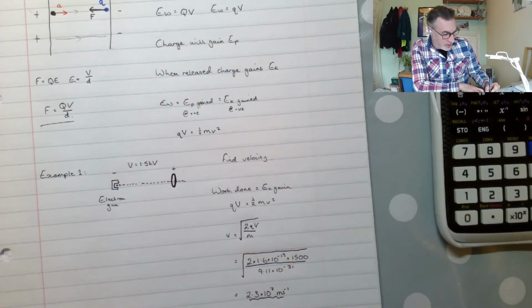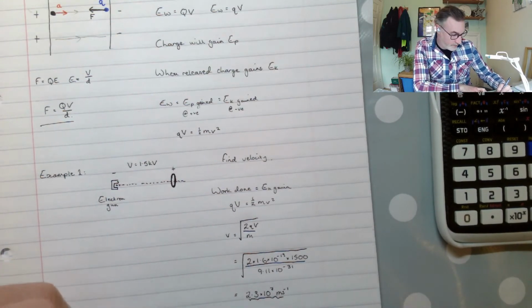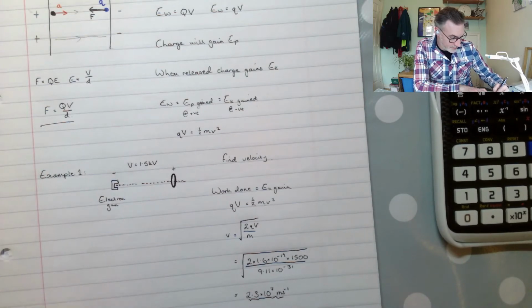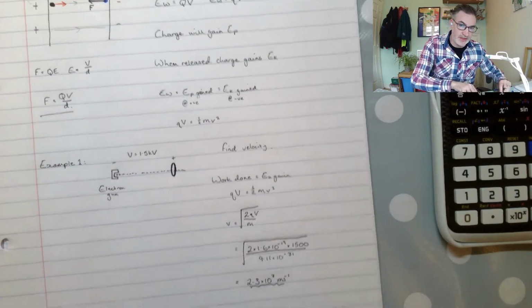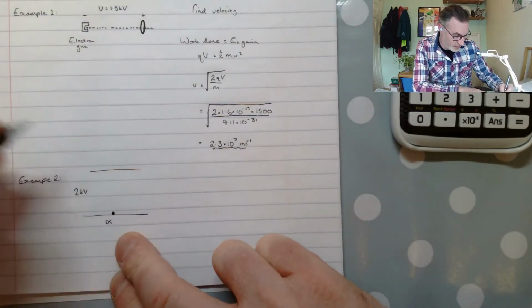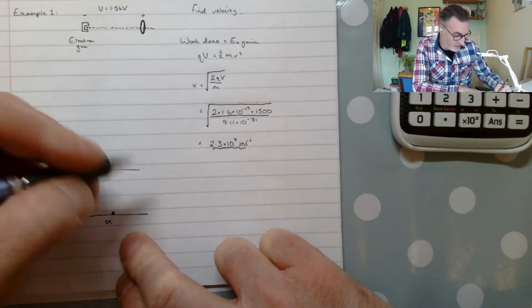So moving on, we can have a second example. Really simple. If we have 2 kilovolts, and let's just say that it's an alpha particle.